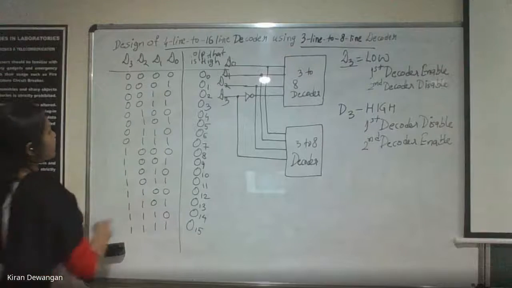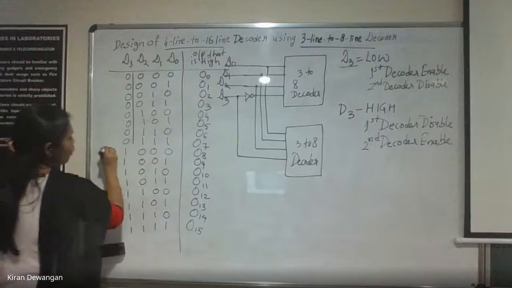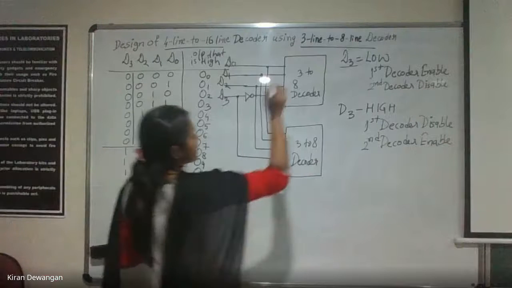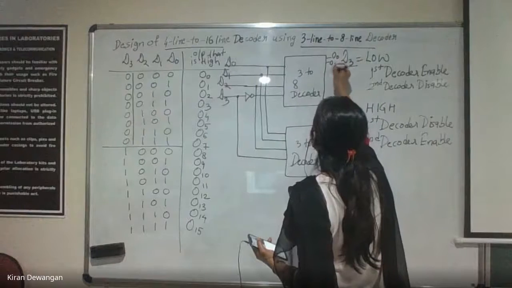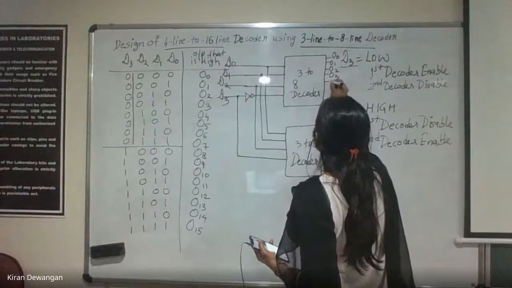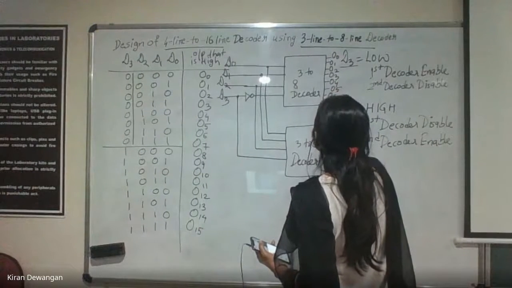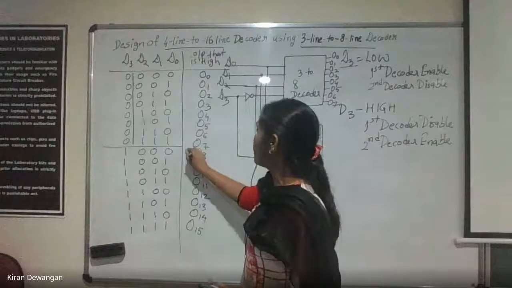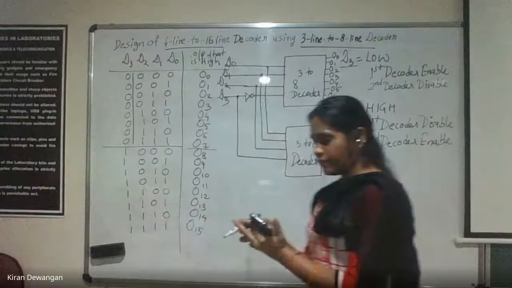As we could see, all these values are 0. So for the first 8 combinations, we'll be getting the outputs O0, O1, O2, O3, O4, O5, O6 and O7. These are the outputs that we'll be getting when D3 is 0. Clear?